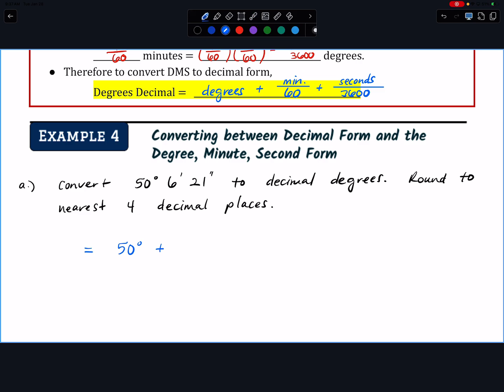So it's going to be 6 over 60. And this is your minutes. Plus 21 seconds divided by, there are 3,600 seconds in 1 hour. And then you literally just throw that into your calculator. That's it.